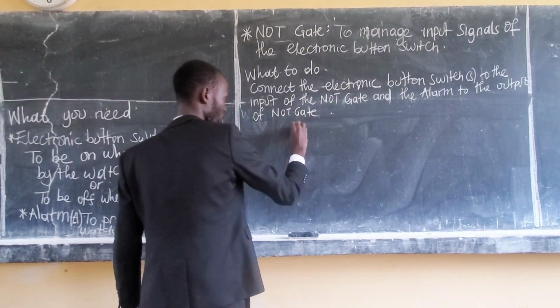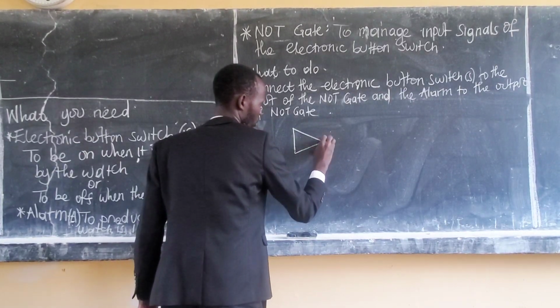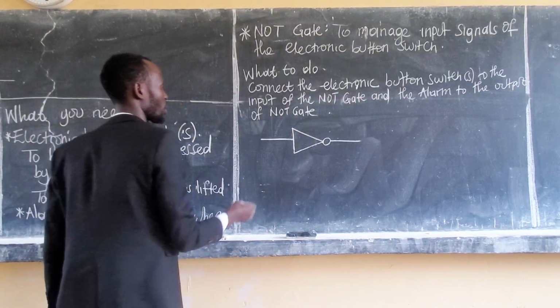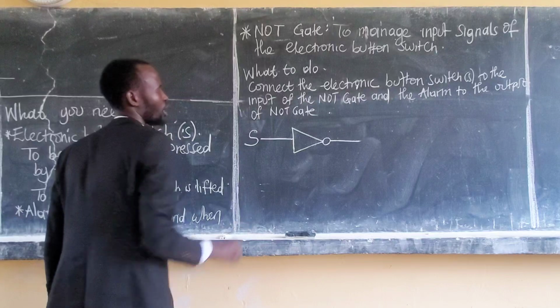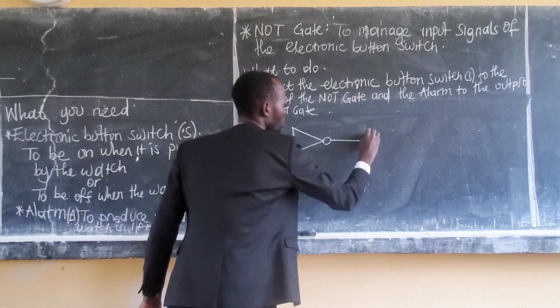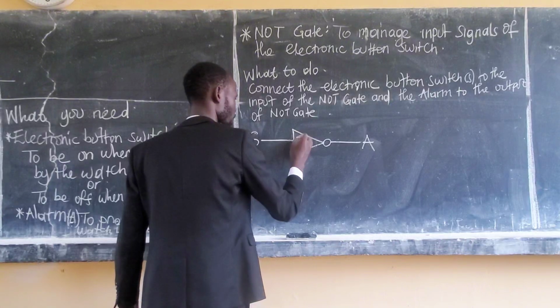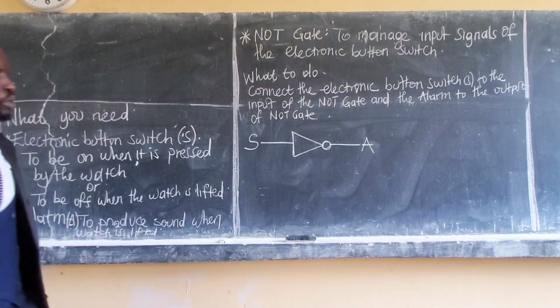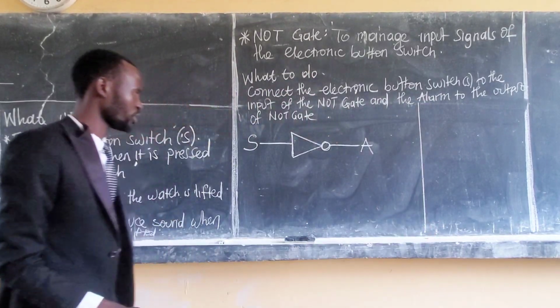This is our circuit. This is my NOT gate. To the input, we connect our switch S, and to the output, we put the alarm. You can see that is the symbol. So we are going to come up with a truth table for this.